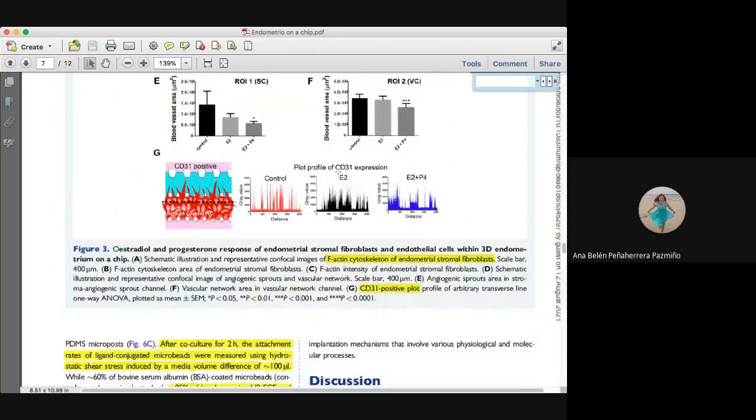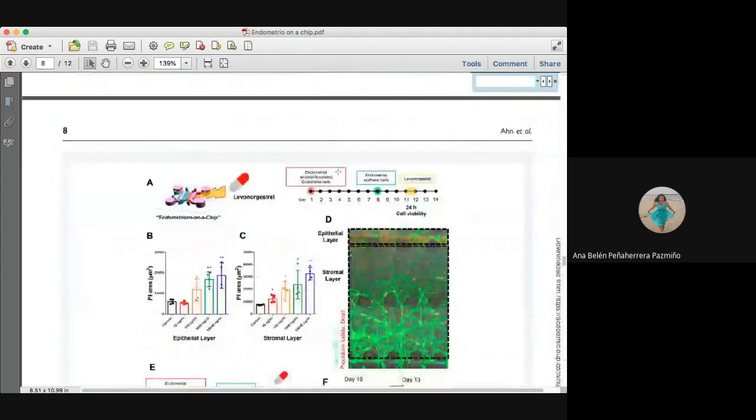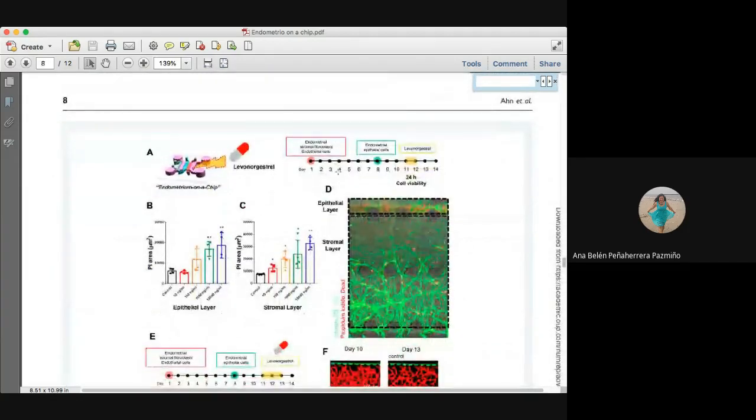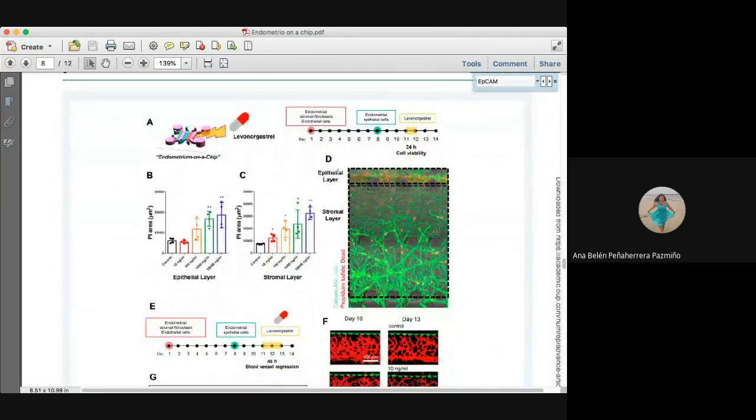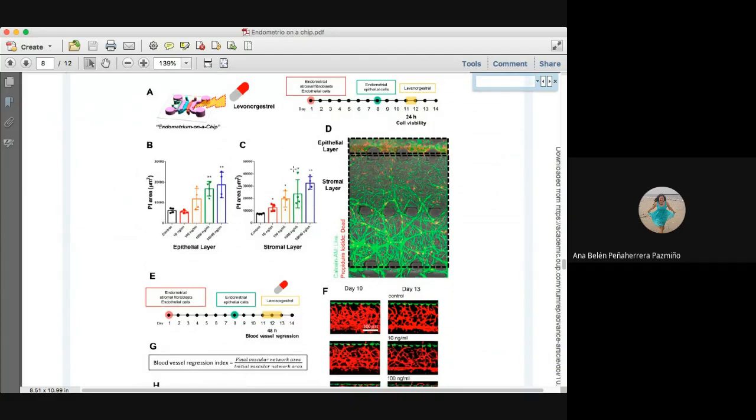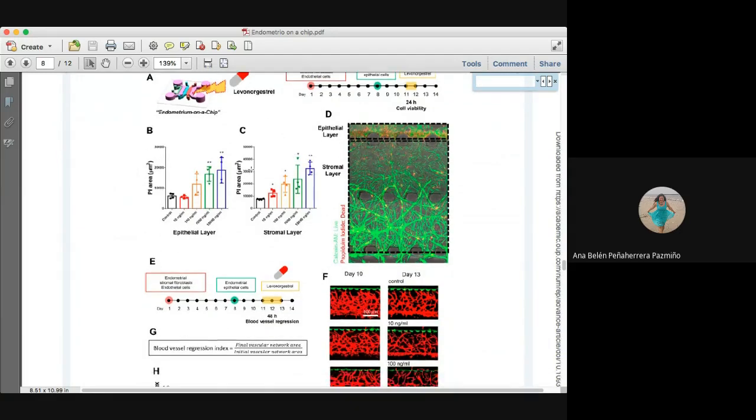So they have achieved to create this model of the endometrium, and then they test this drug called levonorgestrel, which is the most used emergency contraception drug. What it does is to shed this layer of the endometrium.